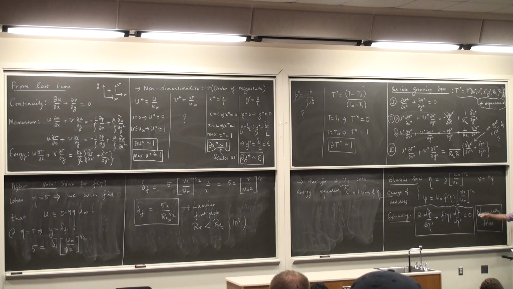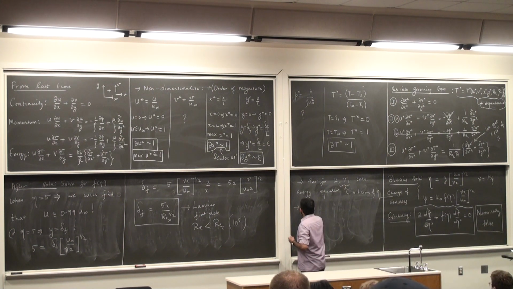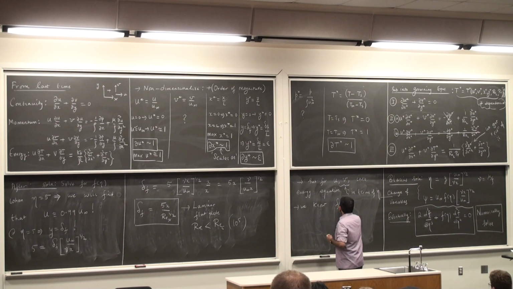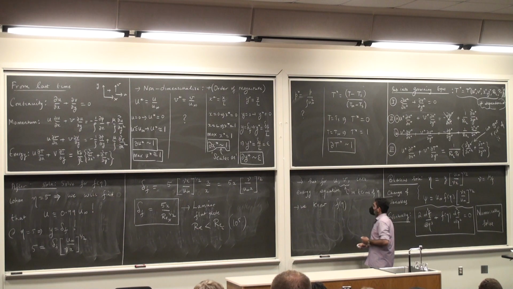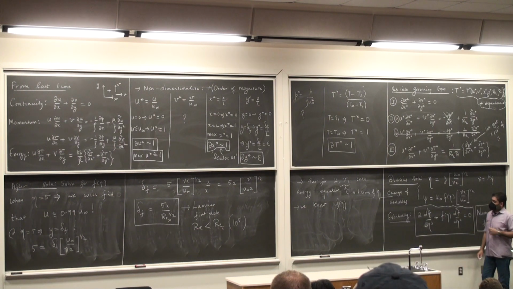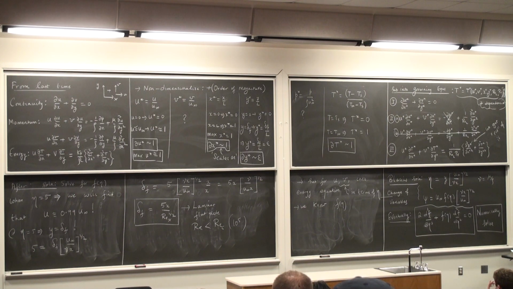You would have solved this equation to find f of eta from this Blasius equation solution. Then we posit that T star is a function of eta as well.